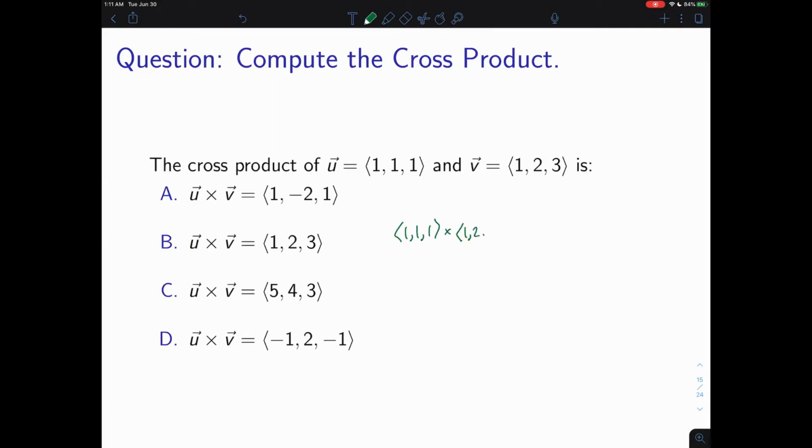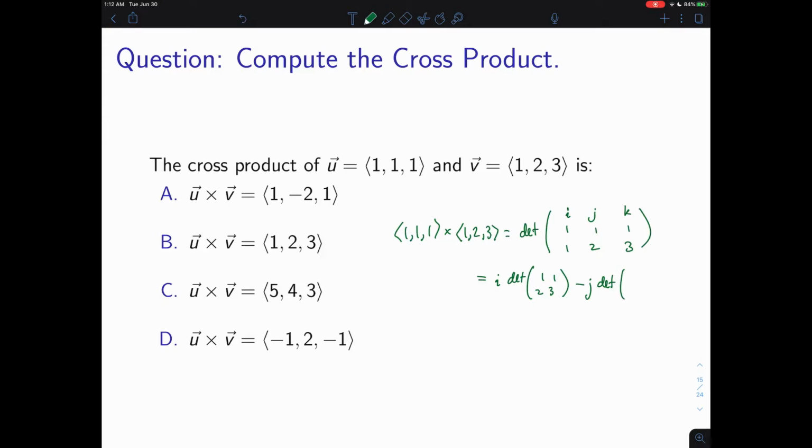Okay, <1, 1, 1> cross product <1, 2, 3> is the determinant of a 3 by 3 matrix where I put I, J, K on top. Then I put my first vector. Then I put my second vector as the second row. Okay, so I've got an I. If I cross out the row and column of that I, what's left over is 1, 1, 2, 3.